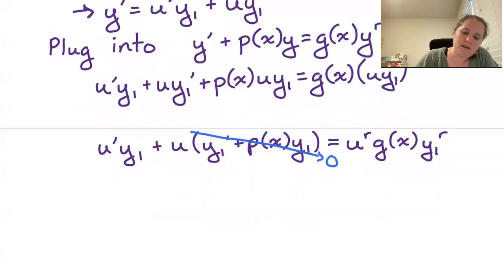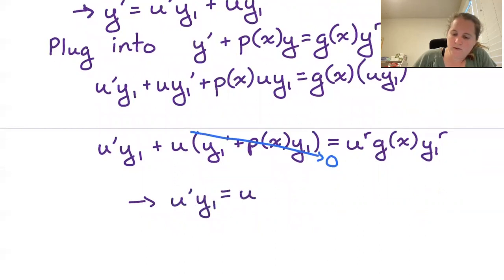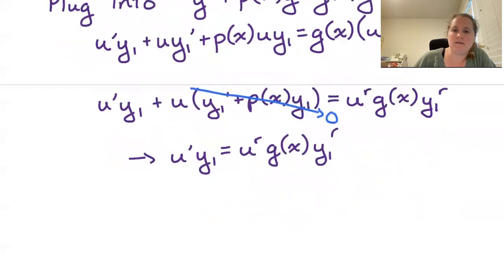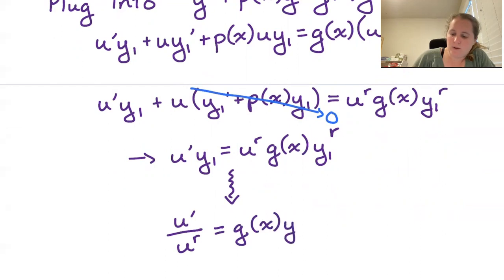So we are now looking at a separable equation. u prime y1 is equal to u to the r times g of x times y1 to the r. And this therefore becomes u prime over u to the r is equal to g of x times y1 to the r minus 1. From here, we have separated the variables.